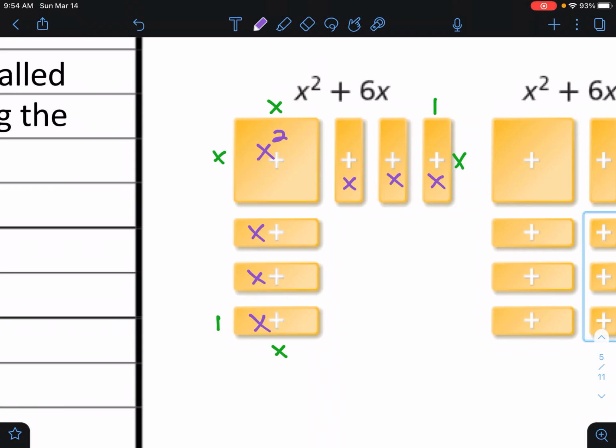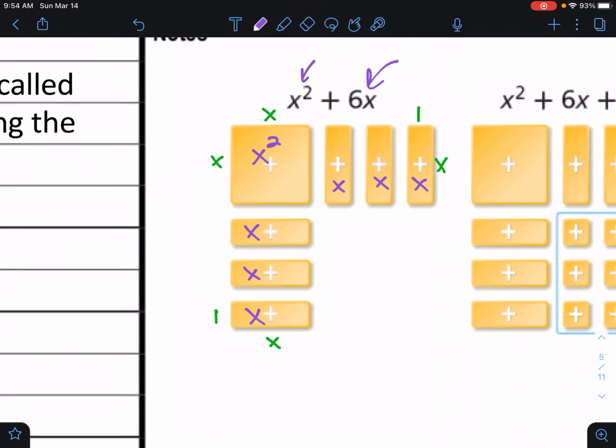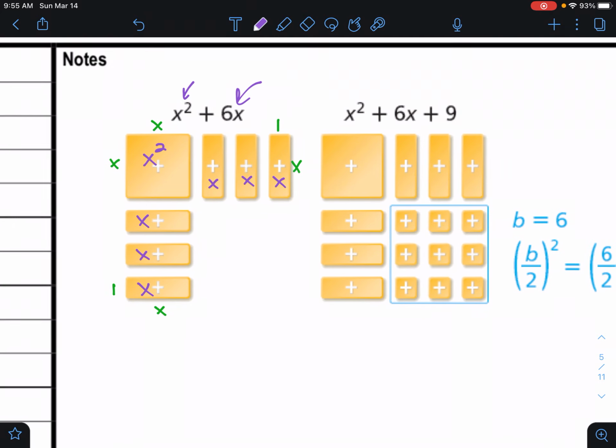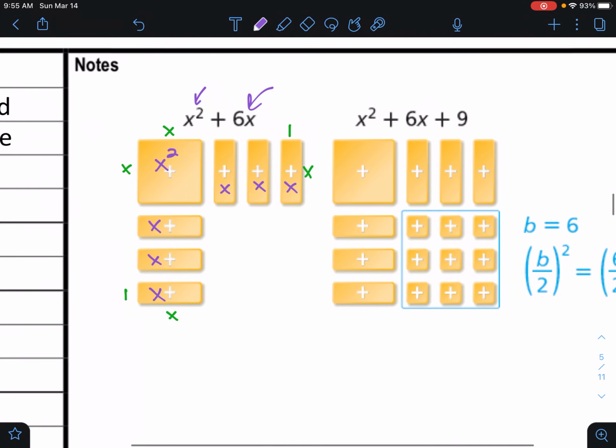Notice there's 6 of the smaller ones, which is where we get this, and then the x squared. So that's x squared plus 6x represented in algebra tiles. Well, it's called completing the square because if I take half of 6 and I square it, I get 3 squared or 9.